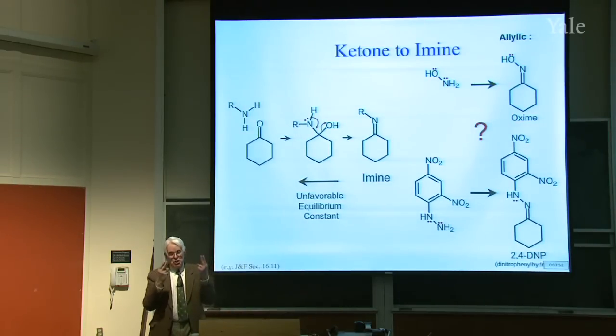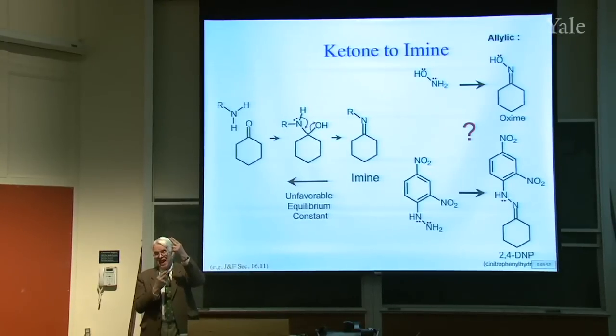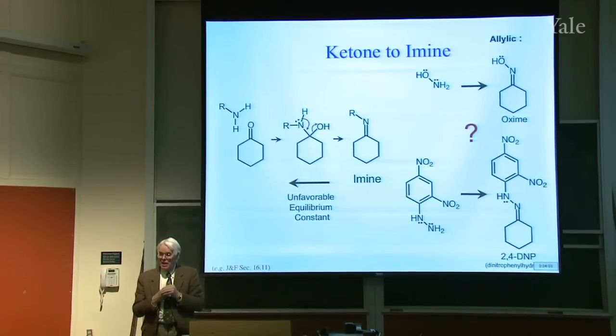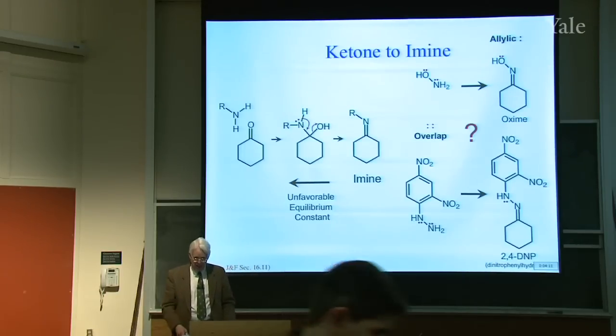Right? If you have two occupied orbitals come together, they mix up and down, but up more than down. The unshared pairs repel one another, right? So it's unstable on the left because of the overlap of unshared pairs. So both these factors shift the equilibrium toward being stable as imines, as oxime or 2,4-dinitrophenyl hydrazone.